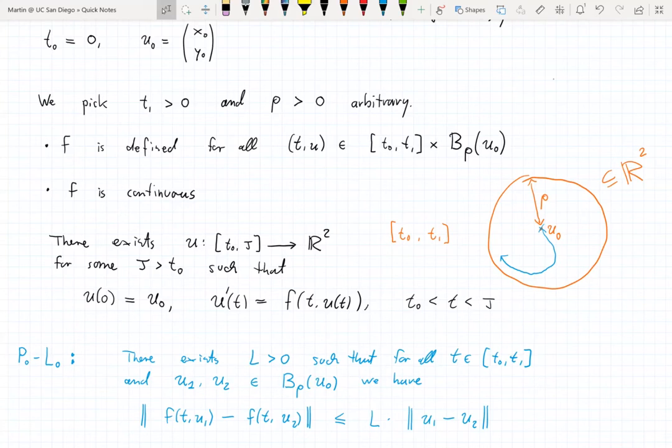We only need to check one more condition, namely that there exists L such that for all t from the interval between t0 and t1, and all vectors u1, u2 taken from the ball of radius rho around u0, we have the inequality, as usual, that the distance of f(t,u1) and f(t,u2) is bounded from above by L times the distance of u1 and u2. To prove that inequality, we need a moderate amount of work.